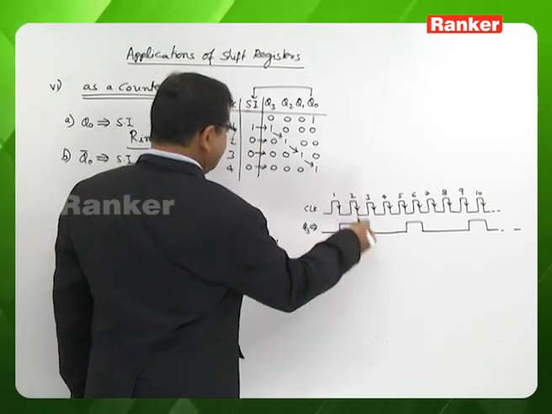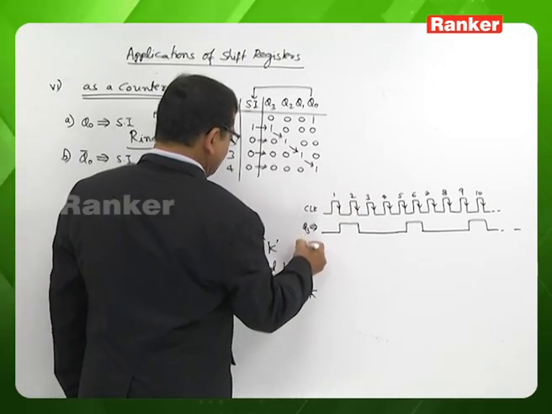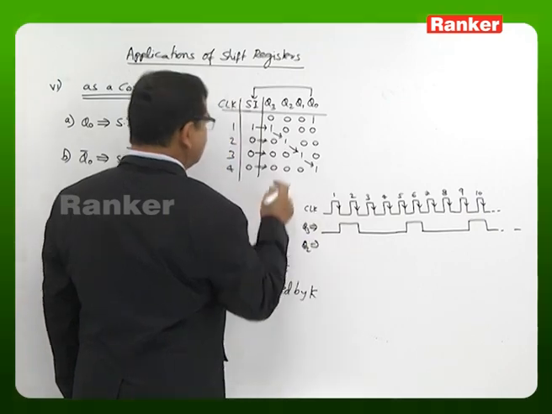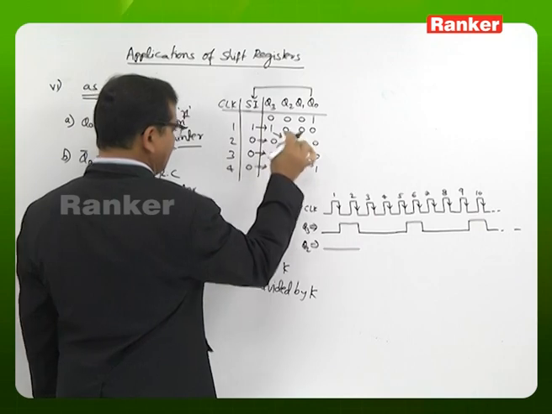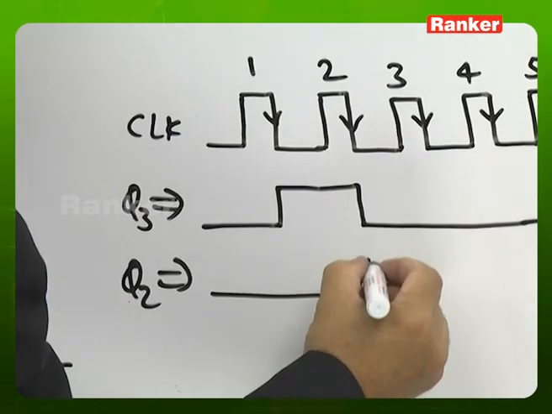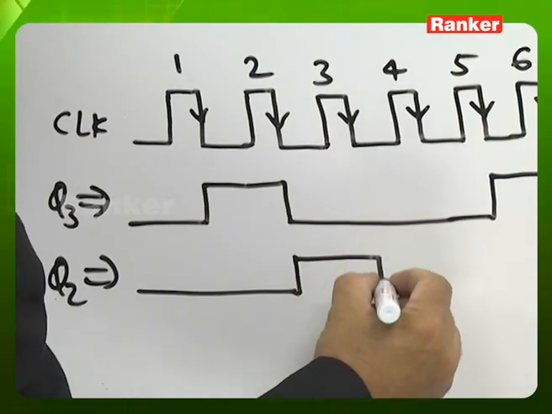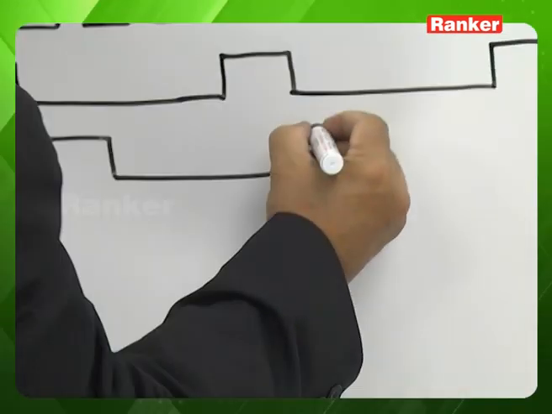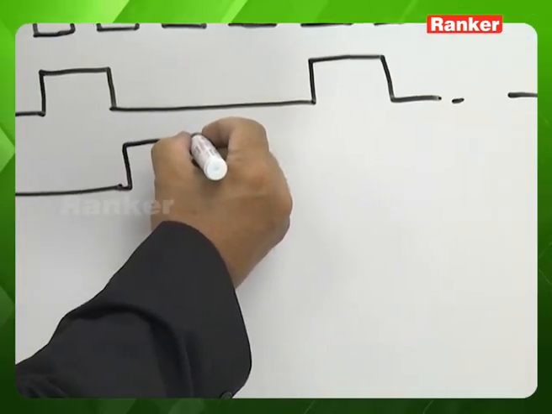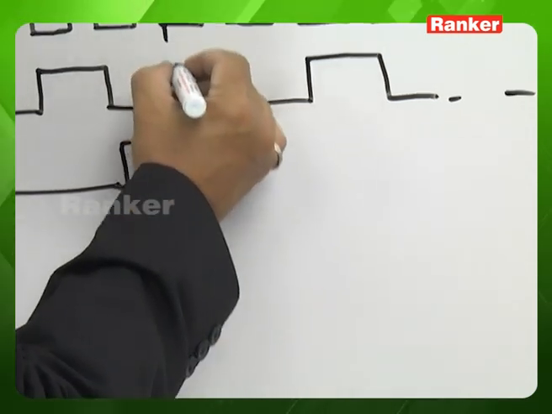So the changes we look at are when the clock is falling. If you look at Q2, initially it is 0 until the second clock pulse. After the second clock pulse, it is 1. At the third clock pulse, it is 0. If you apply further, after the sixth clock pulse, it is 1. After the seventh clock pulse, it is 0.